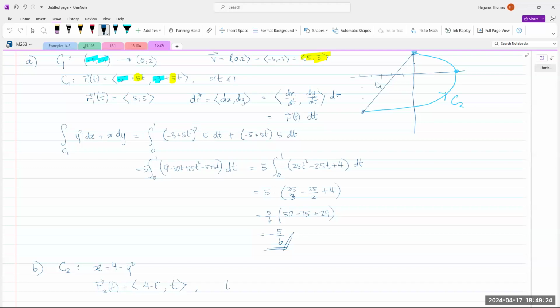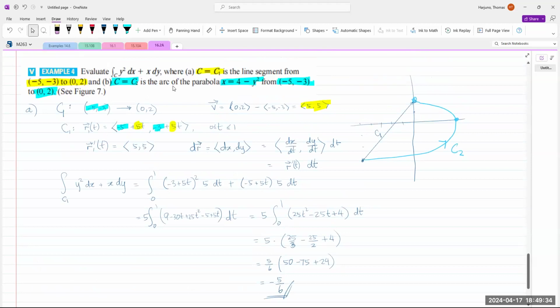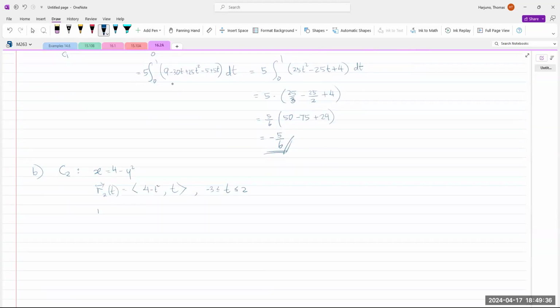Our t, however, will move from -3 to 2. Is it right? Yeah, from -3 to 2. So r prime 2(t) will be -2t, 1.